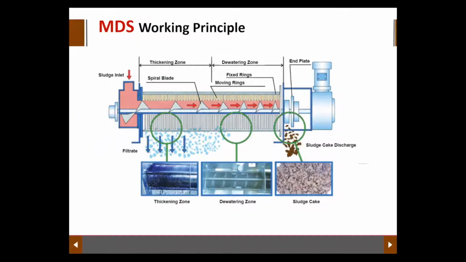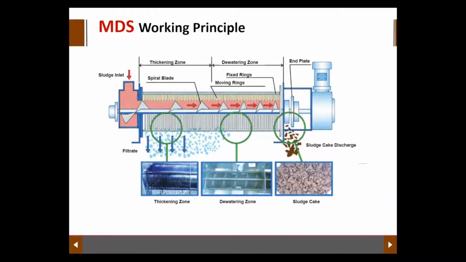How does the MDS work? So the first section is the dewatering drum. It's the thickening zone where the solid-liquid separation process takes place and the filtrate will be discharged. The pitch of the screw and the gaps between the rings decrease at the end of the dewatering drum, hence increasing its internal pressure. Layers of the spacer are fixed and moving rings are secured in place by a tight rod.